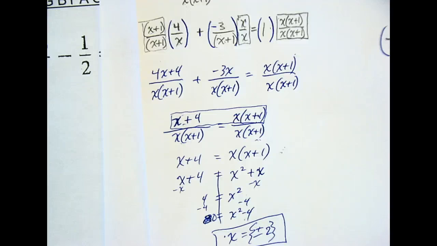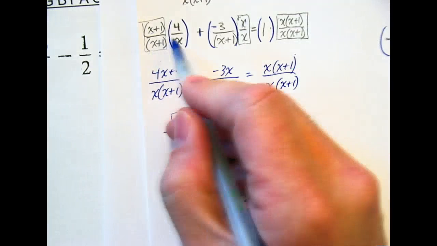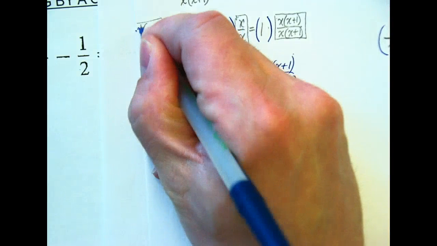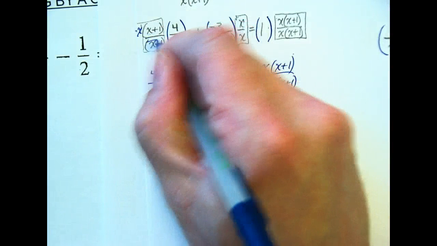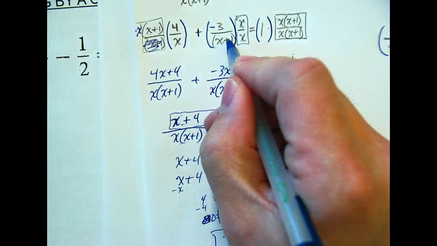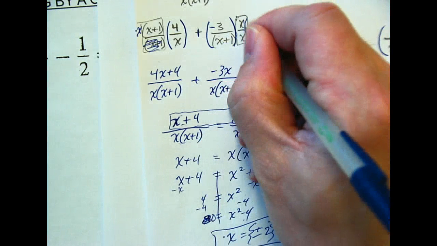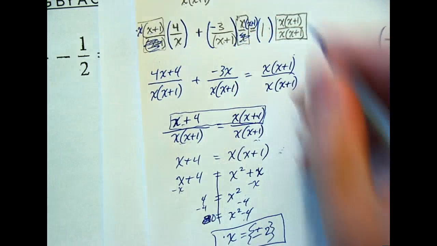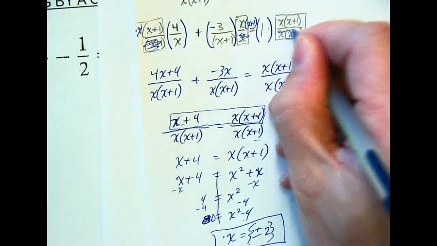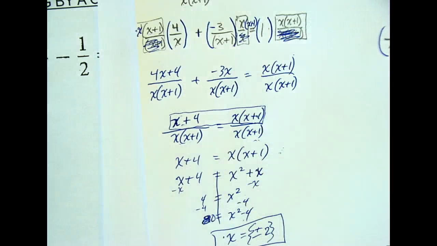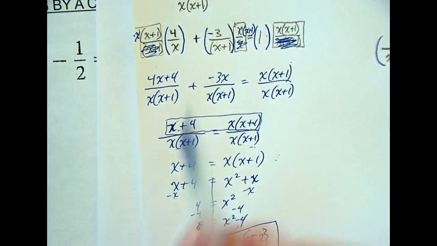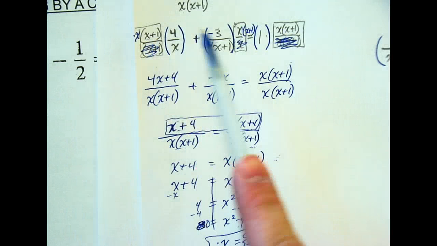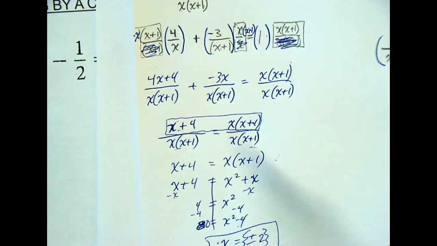On this last problem, rather than multiplying by 1, if I multiply this by the common denominator of x times x plus 1, and get rid of that, and multiply this by x times x plus 1, and get rid of that, and multiply this by the common denominator, but get rid of that. So now I'm not multiplying by 1 anymore. I'm actually changing the value of each of these. But remember, as long as you do it to every term, you're okay.